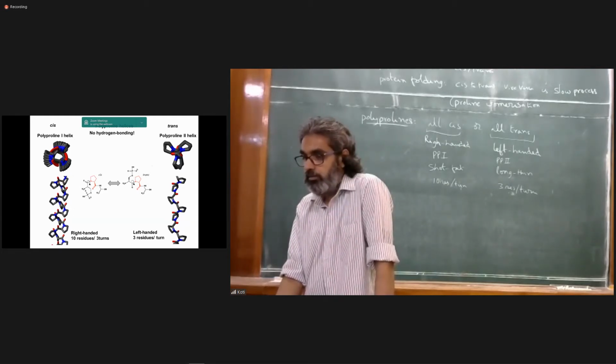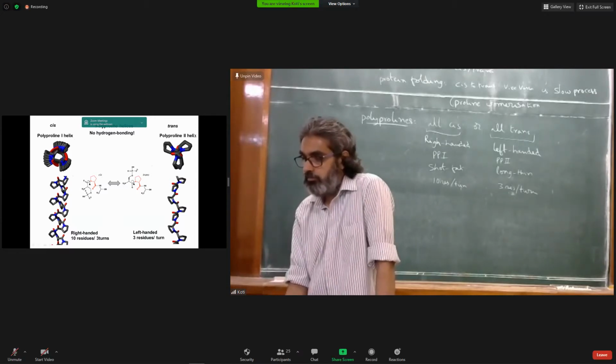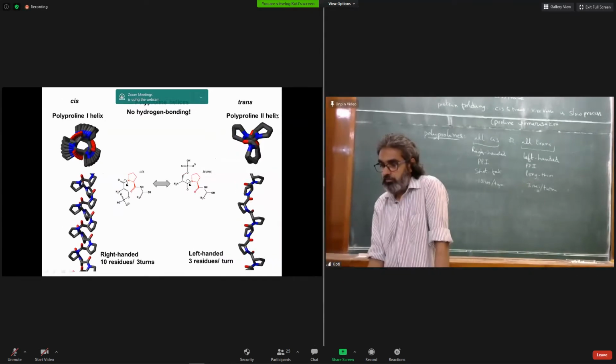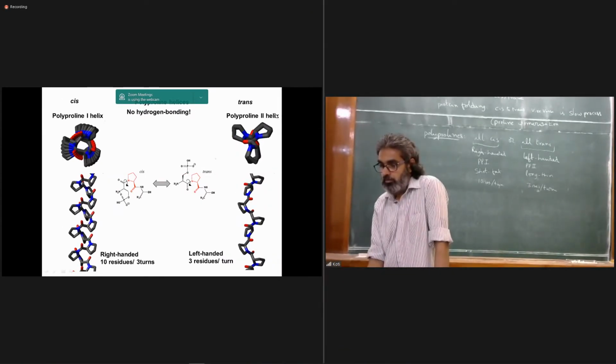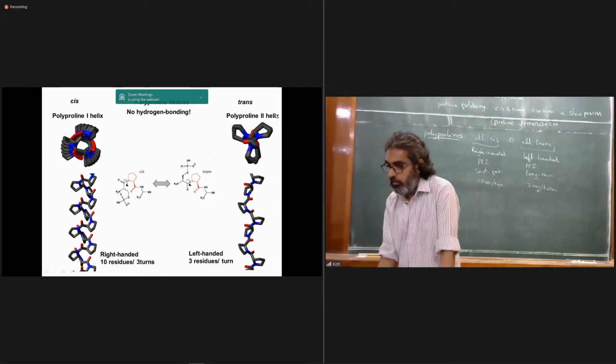Yes. Does the puckeredness of the 5-member ring have anything to do with right-handed or left-handed? If we change the direction of that carbon atom which is out of plane, from coming out of the plane to going into the plane, does it change the right-handedness or left-handedness?